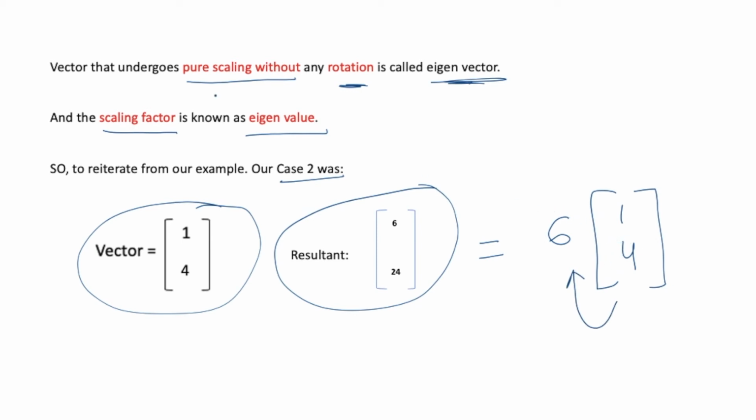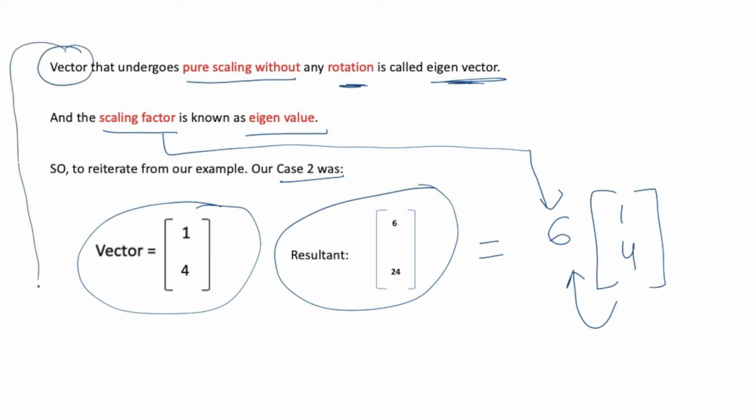The scaling factor is called eigenvalue and the vector that undergoes pure scaling without rotation is called eigenvector. In our case, that vector is this particular vector, which did not rotate but only scaled.